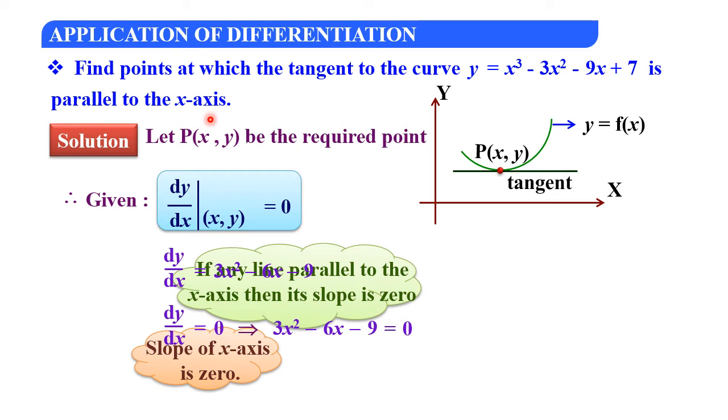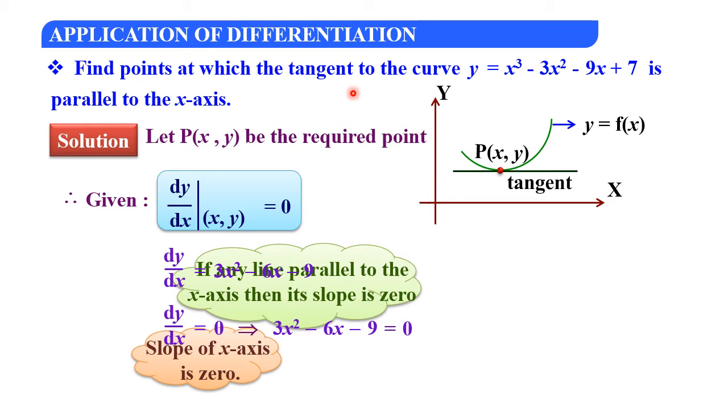Next, when you will be finding the slope of the normal or the slope of the tangent, anything it may be, but in the given question they have not at all asked for the slope of the tangent or the slope of the normal. They are telling you to find the points on the curve.